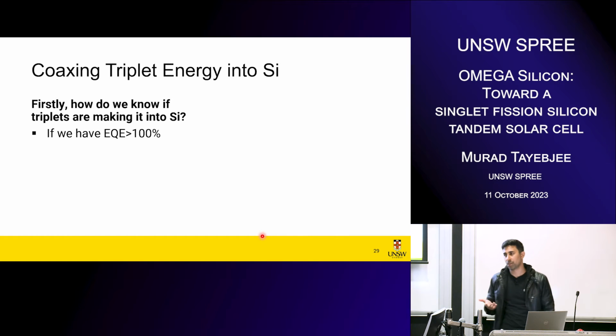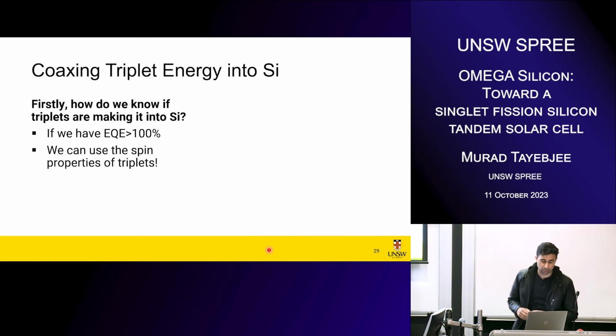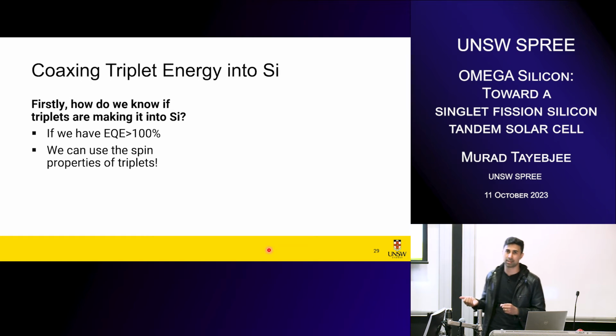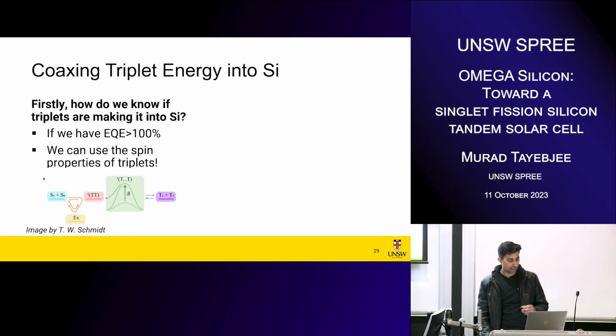But that's not how R&D works, right? We're probably not going to get over 100% the first time we try and make a device. So what we actually do is we use the spin properties of triplets to work out whether triplets are making it into silicon. To understand that, all you need to know is that after singlet fission, forget about this state here, don't worry about that for this talk, you produce this singlet triplet pair, right? You've got your two triplets, equal and opposite spin, net singlet state.